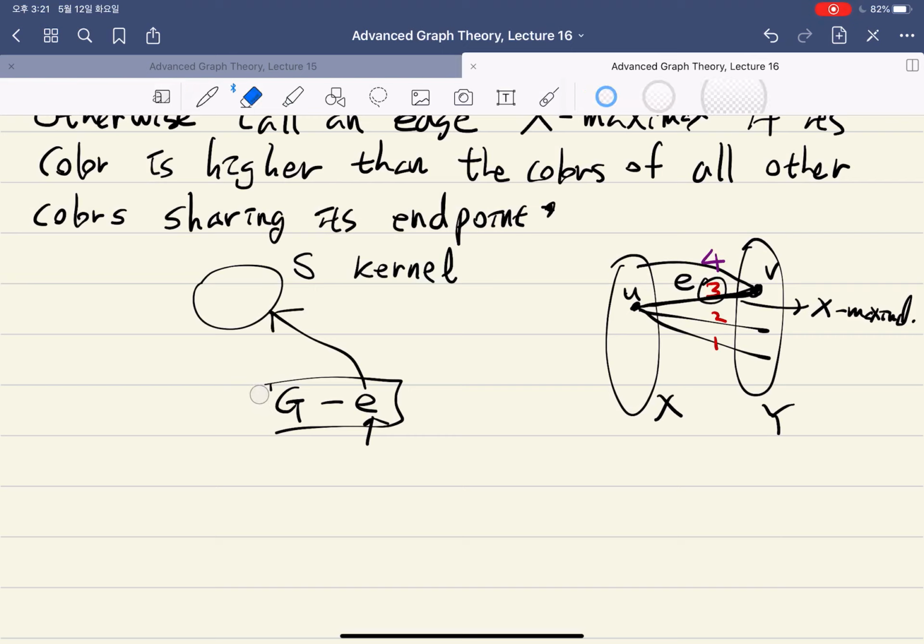Okay, let's say this is actually a line graph. In this line graph, we find this kernel, and then we add back this E, and somehow show that this S can be either the kernel of the original line graph LG, or it can be extended to one. So that's roughly what we want to do.